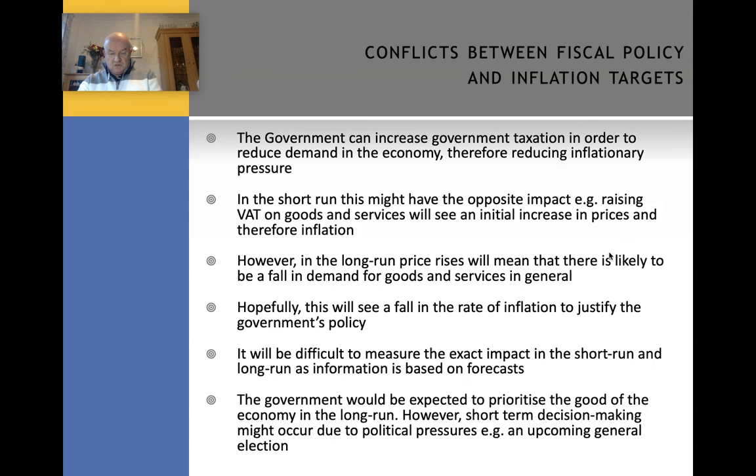Short-term decision making due to political pressures is not necessarily the greatest thing for the overall economy, and sometimes you find stop-go policies happen when we're about to hit a general election, because the incumbent party might choose policies that are going to be popular with the electorate in order to get back into power.